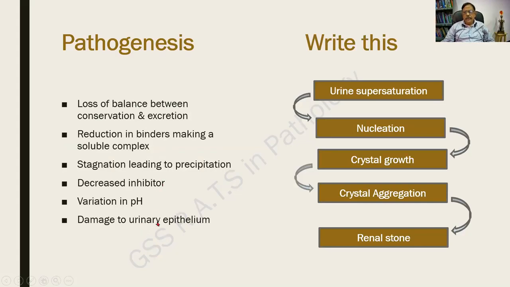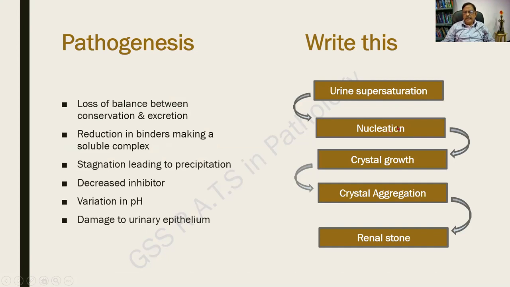There is a text over here. Kindly go through it leisurely. What happens here is there is a urinary supersaturation. Because of the supersaturation, some material gets precipitated, and this acts as a nidus or nucleus.